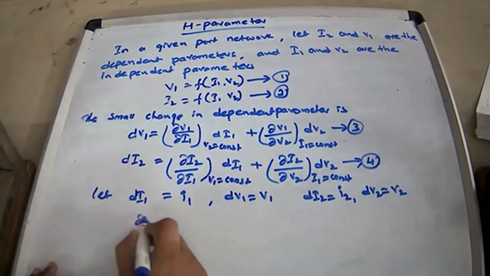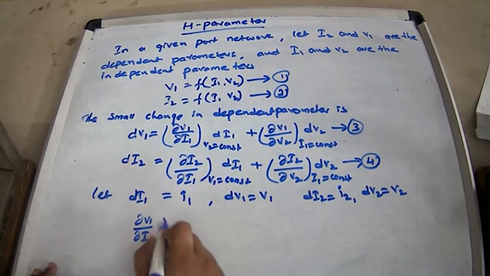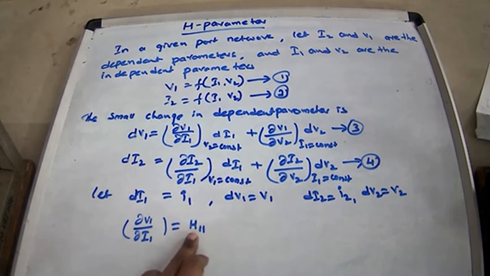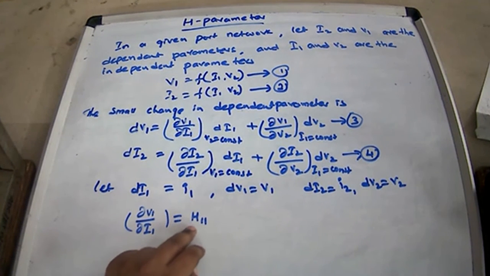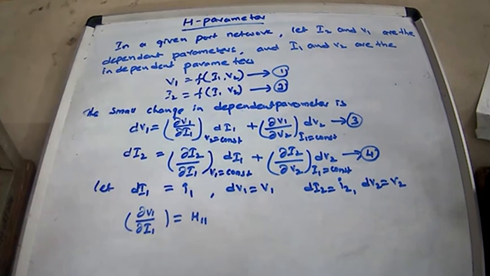So dou V1 by dou I1 will be equal to h11. If you have observed in the previous class for Y and Z parameter, when we were talking about Z parameter, we have represented with the letter Z there. When we were discussing Y parameter, we represented with Y. Now we are talking about H parameter, so we will be representing with letter h here.